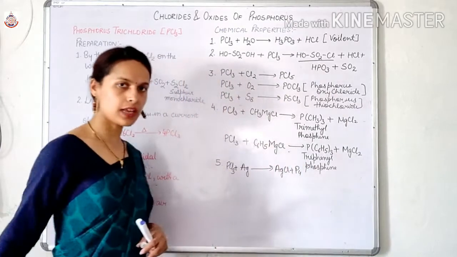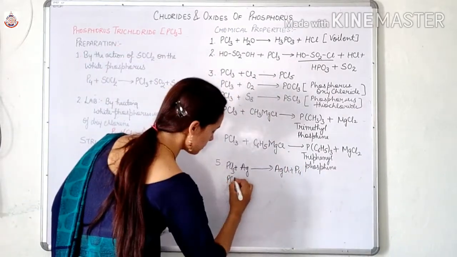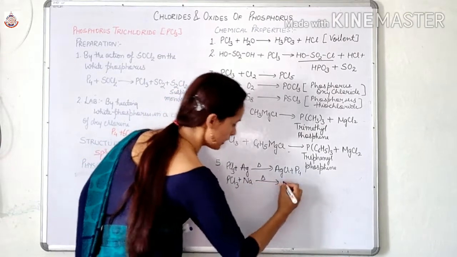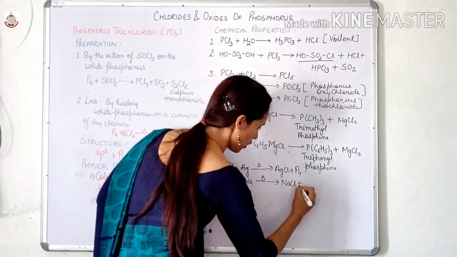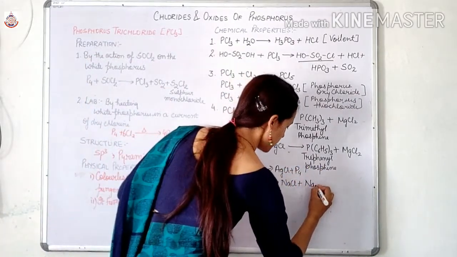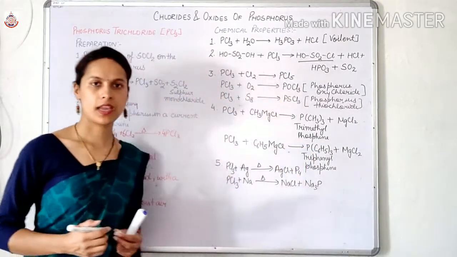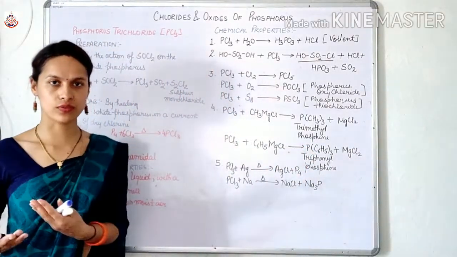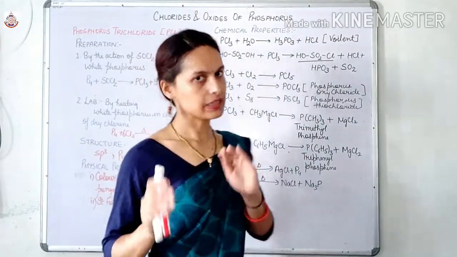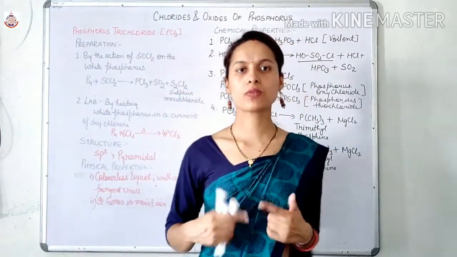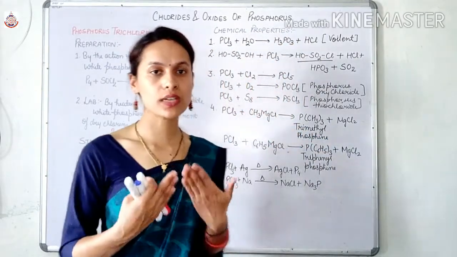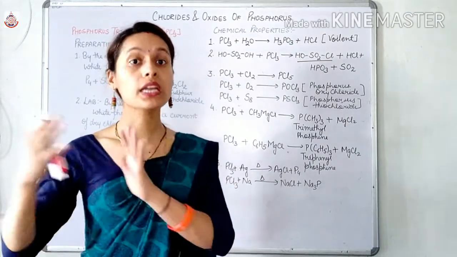But when PCl3 on heating reacts with sodium, it forms NaCl, and along with NaCl it will not form P4, it will form Na3P, that is sodium phosphide. So PCl3 reacts with finely divided metals on heating.